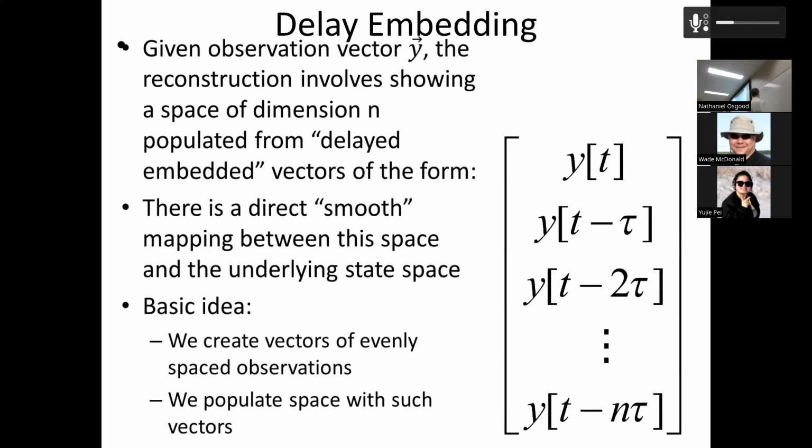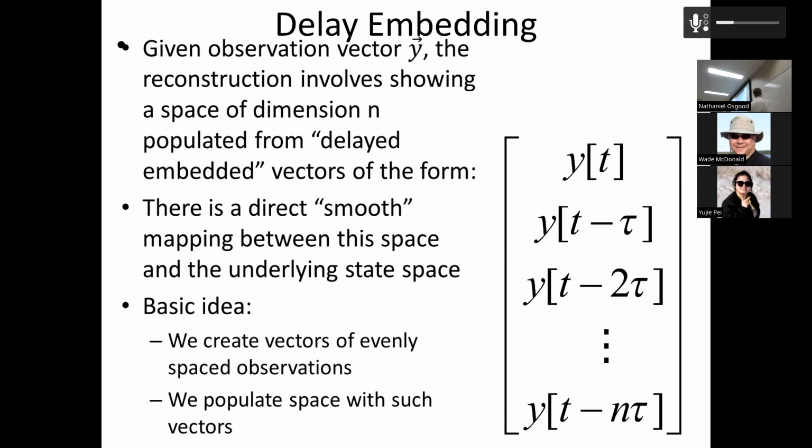If we do it with n equal to 2, it would go like this. It would have the vector for time 100. Time 100 has some value y of 100. The day before it, some value y of 99. The day before that, some value y of 98. This would be in our vector for day 100.